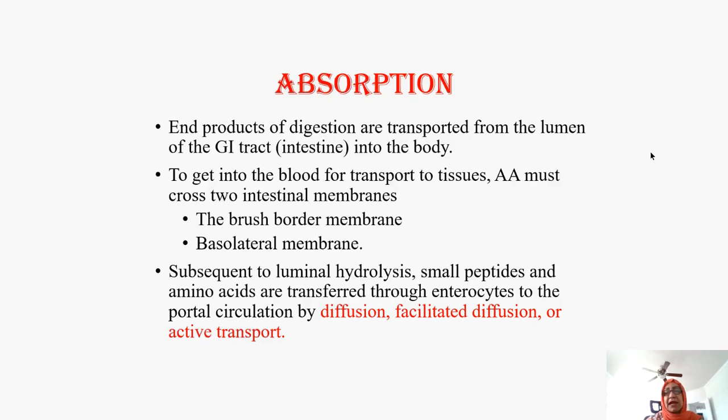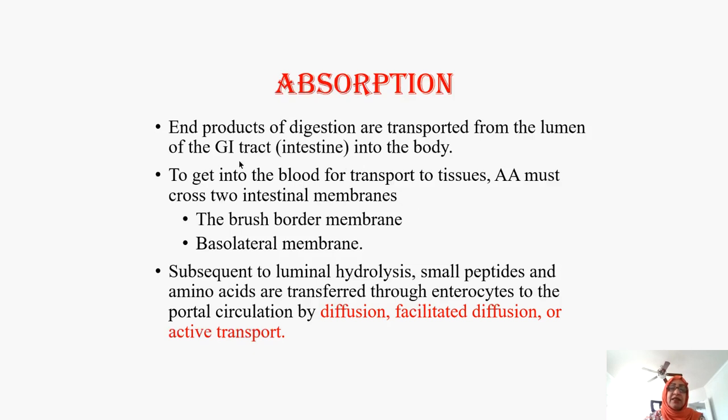These might be easy for digestion and absorption. But other than that, normally we take complete proteins and start to degrade them. So after we complete our digestion, we now have amino acids, dipeptides and tripeptides ready for absorption. So this is the second part.